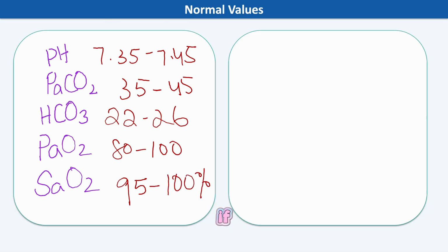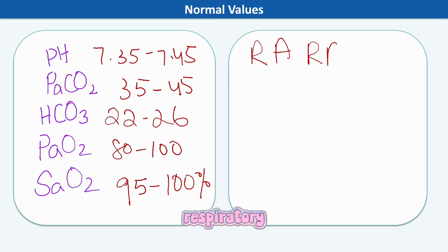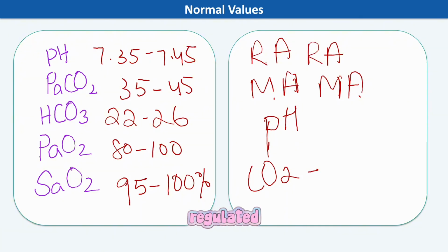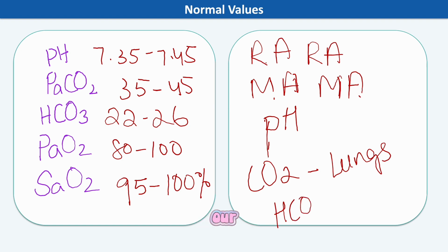Now if we have to interpret any of the disorders, be it respiratory alkalosis, respiratory acidosis, metabolic acidosis, or metabolic alkalosis, we have to look at the pH number. We know that carbon dioxide is regulated by our lungs, and bicarbonate is regulated by our kidneys.